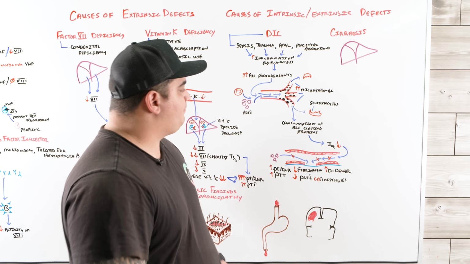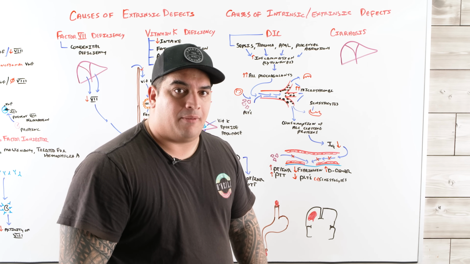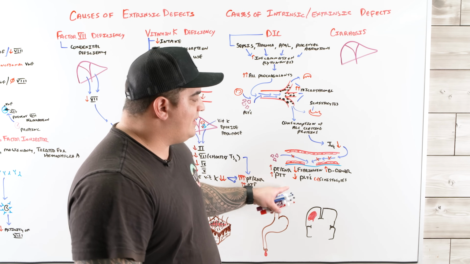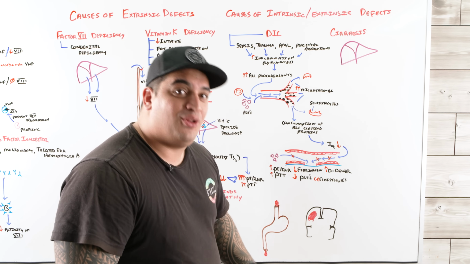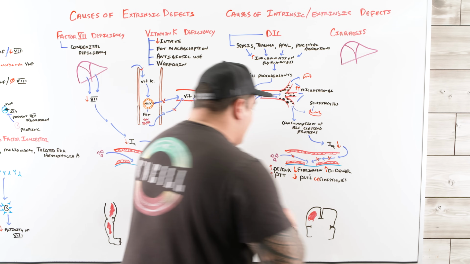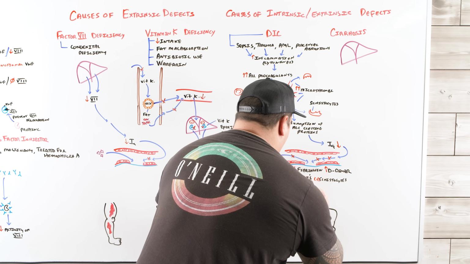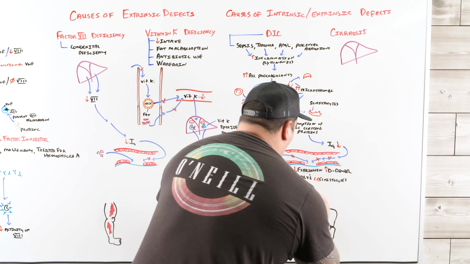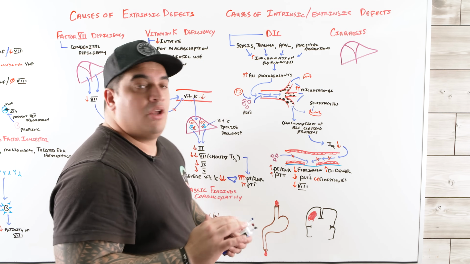One other thing: endothelial cells make factor 8, not the liver. So a patient who has DIC has a deficiency in all clotting proteins, including factor 8. Why is that important? I'll explain in a second with cirrhosis.